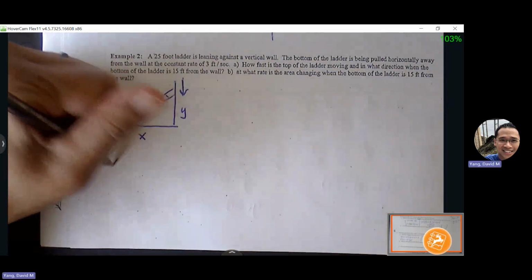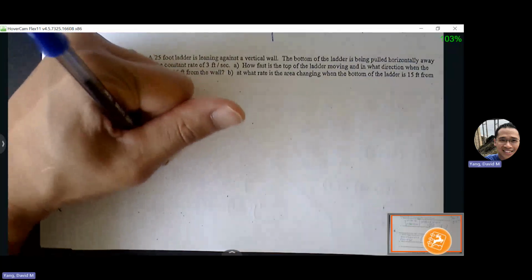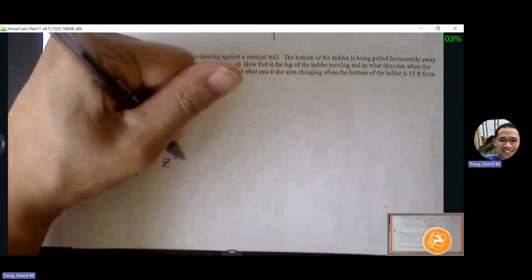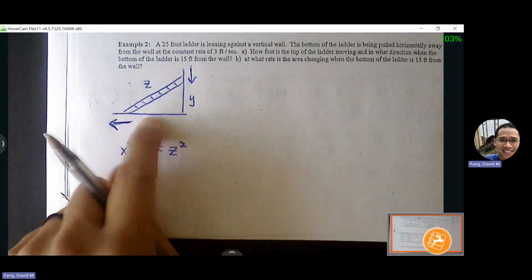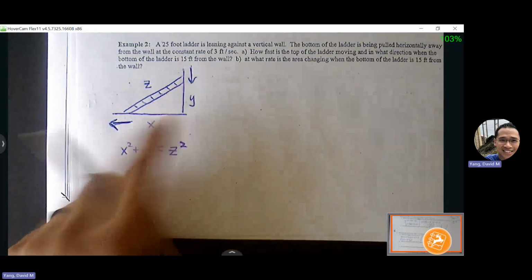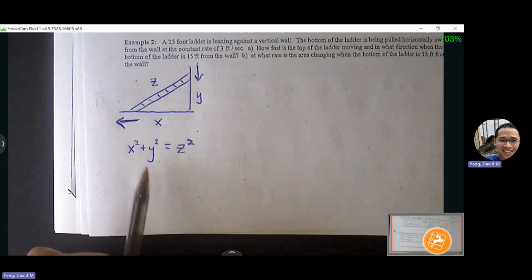Pythagorean theorem, right? a squared plus b squared equals c squared. I'm going to use x, y, and z, but it's the same idea. I use x and y because we typically associate x with horizontal, y with vertical, so it just feels more straightforward. Now we're going to find the derivative.